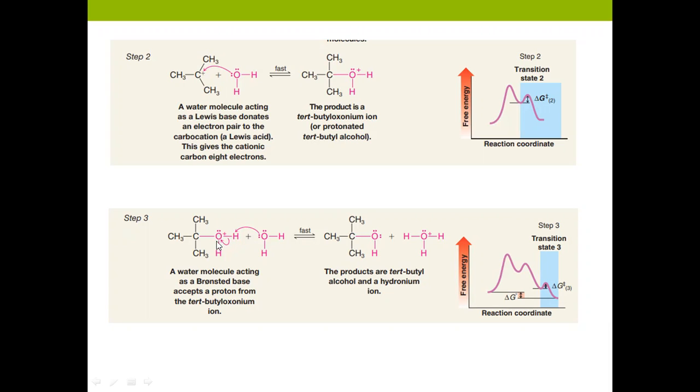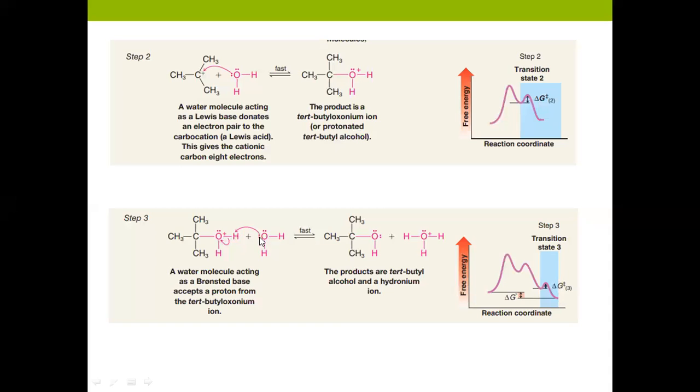Oxygen is an electronegative atom, and when there is a positive charge on the atom, it will tend to disperse this positive charge by drawing electrons from all the neighboring atoms. So this one will draw electrons from the oxygen-hydrogen bond, and therefore hydrogen will become partially positive, exposed, and very positive.